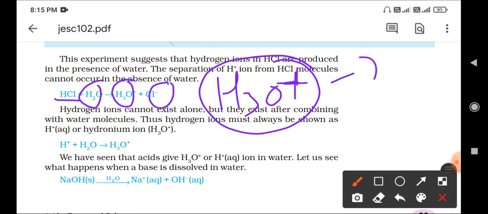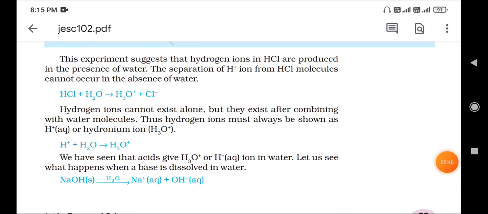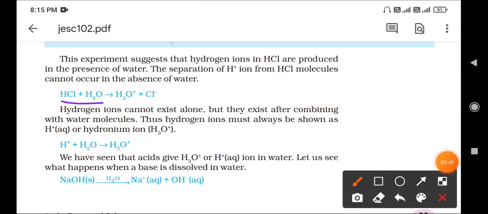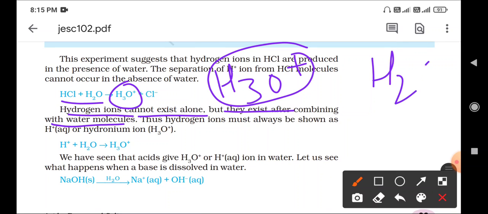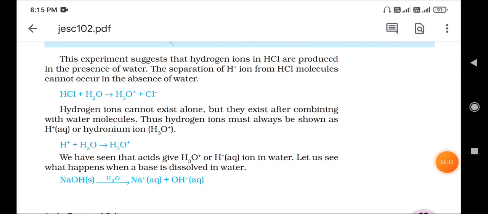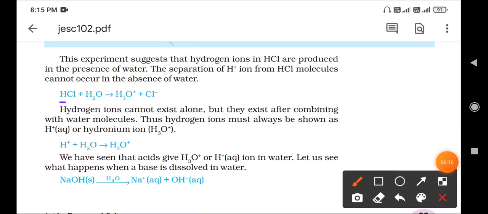The hydronium ion is produced in the presence of water molecules. Remember that hydronium ions are produced in the presence of water molecules only. Hydrogen ions cannot exist alone. The hydronium ion cannot exist alone, but it exists after combining with water molecules. See the reaction properly here: HCl is there and H2O is there.